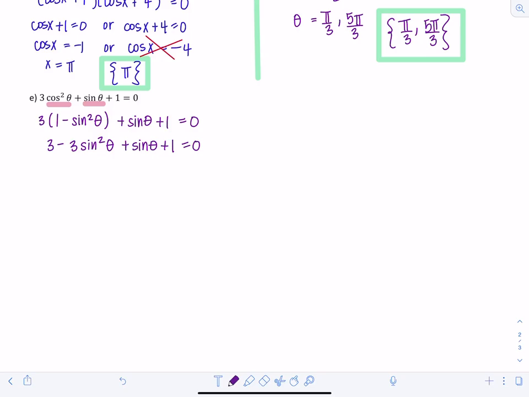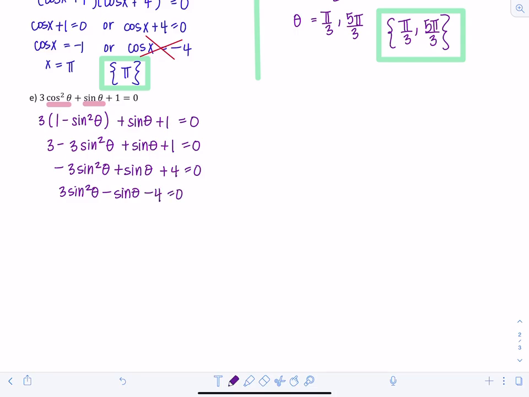So combining like terms, I'll write it in descending power. So negative 3 sine squared theta plus sine theta plus 4 is 0. Don't ever try to factor when there's a negative in the front like that, okay? So we're going to multiply everything through by negative 1. So 3 sine squared theta minus sine theta minus 4 is 0.